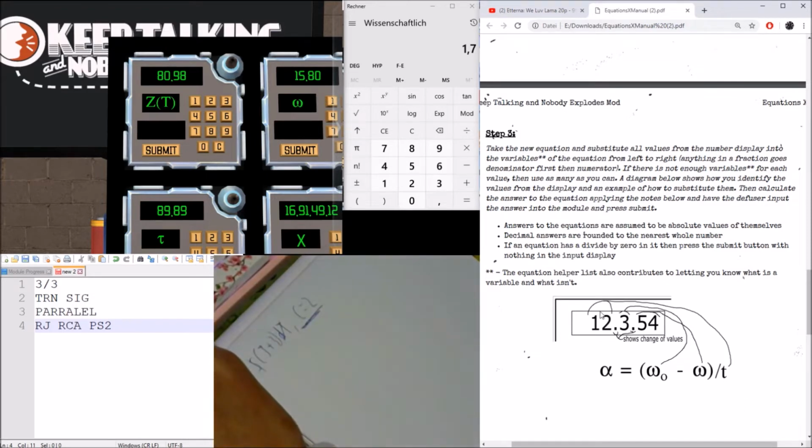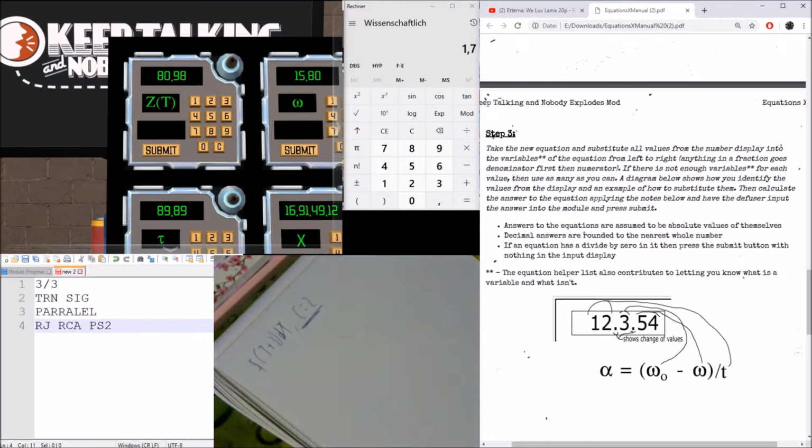Now you just go to step 3 and look at this graphic, and then you can see what number is what. It's in parentheses. If you don't have enough variables for how many you have on here, then it's just saying use as many as you can.